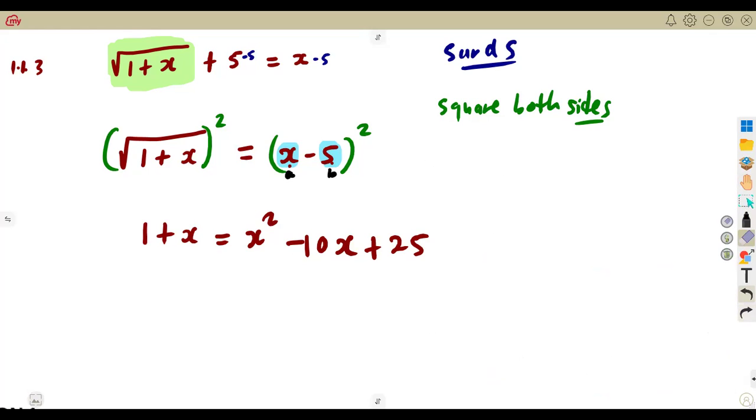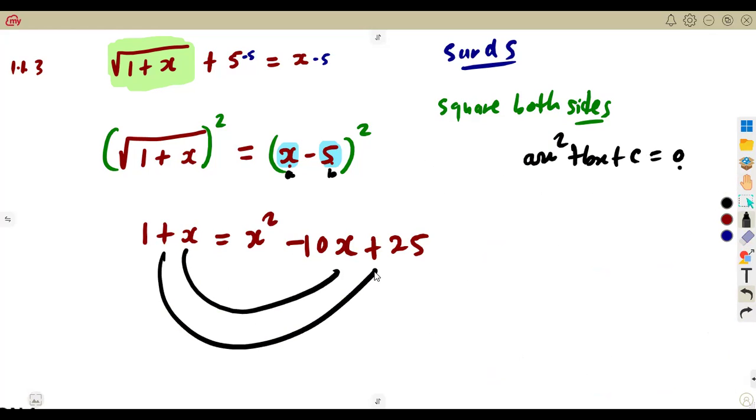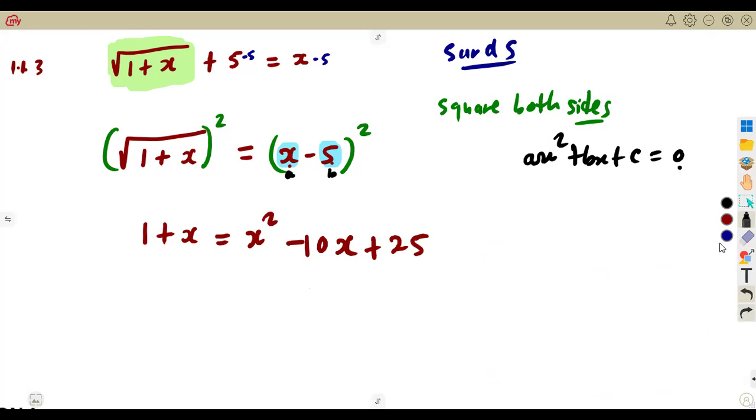Our quadratic equation, what is the format? Once we see the square, one of the sides must be equal to 0. So we can take these terms to the other side of the equation so that one side becomes 0. So that's 0 is equal to x squared minus 10x. This x to this side will be a negative the moment it crosses the equal sign.